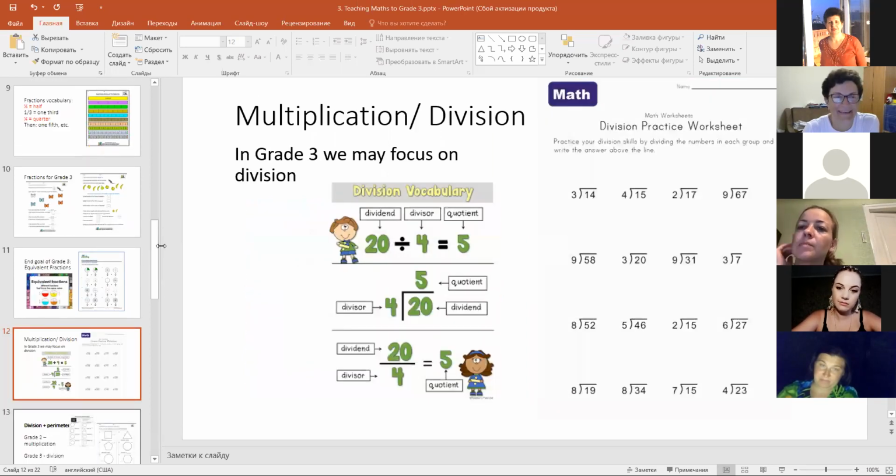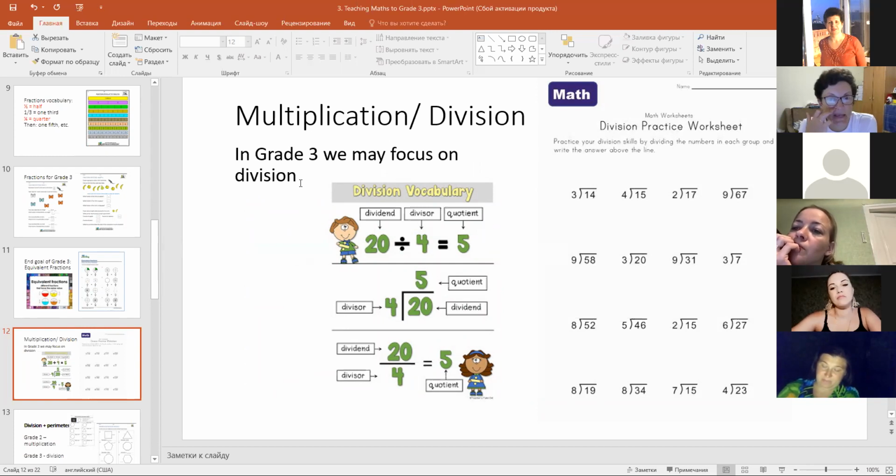Also, again, hello, we have multiplication and division. Only remember, we talked about this, that this year we can focus more on division.